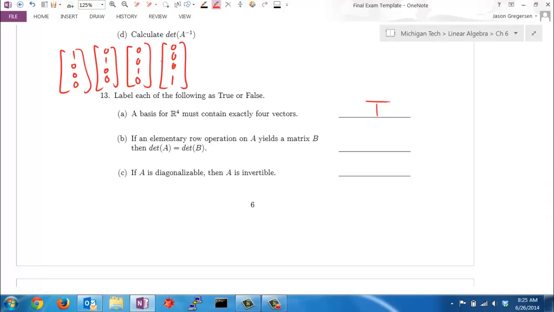It definitely spans. And it is linearly independent. None of these are linear combinations of the others. There's no way I can take multiples of these 3 to get this one. So it's linearly independent, spans the space, it's a basis. And the important thing is that we have a number for that basis. There can't be a basis with 3 vectors and a basis with 4 vectors for the same space. Okay? And what do we call that perfect number of vectors?